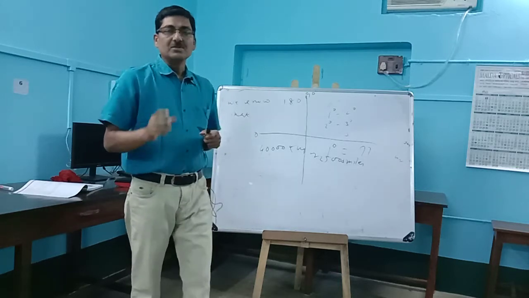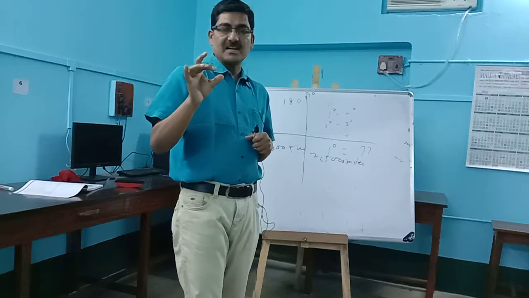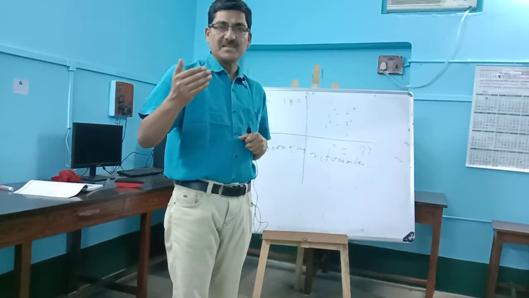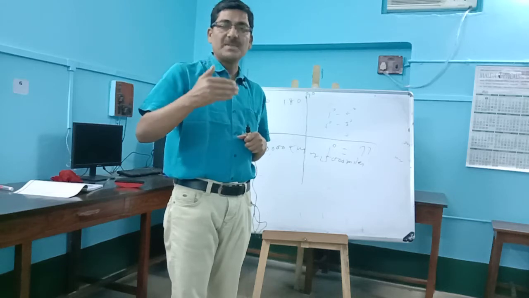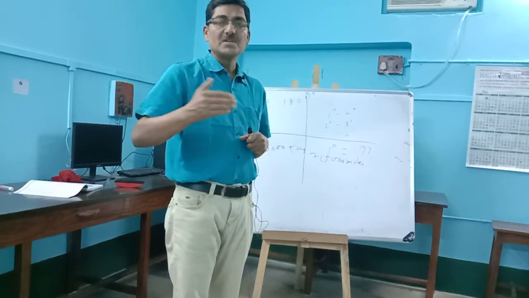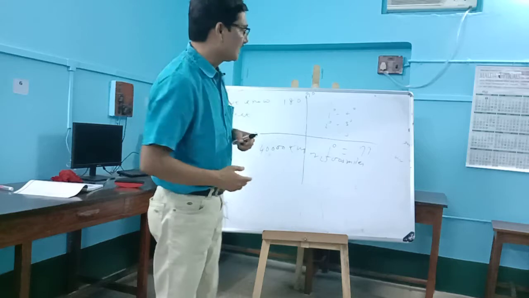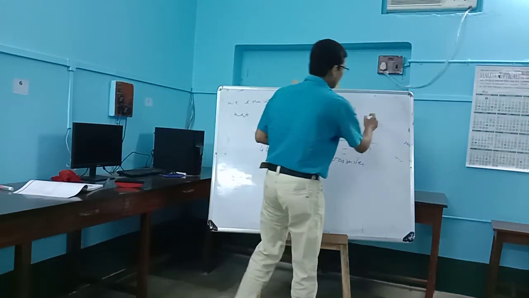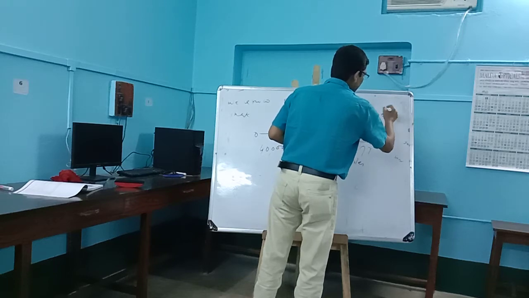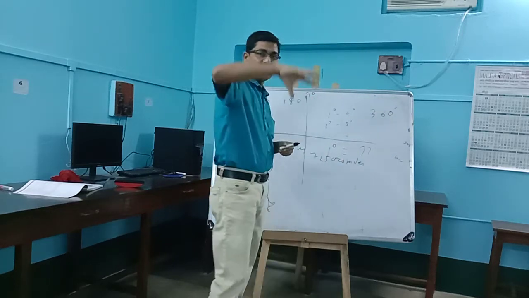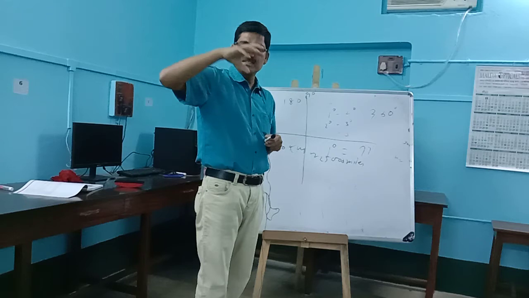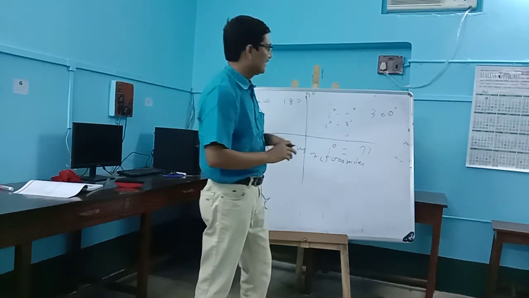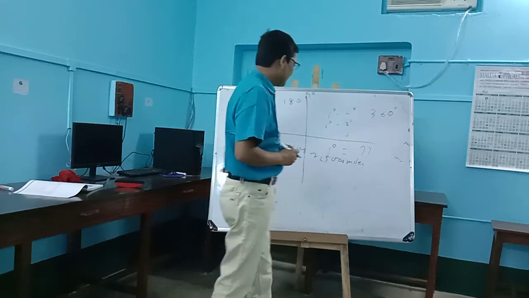Just now I told you the equator is the great circle, the highest length, and the length of the equator is equal to the circumference of the earth. The circumference of any circle is 360 degree. Since the earth is also a circle, naturally its circumference is 360 degree.